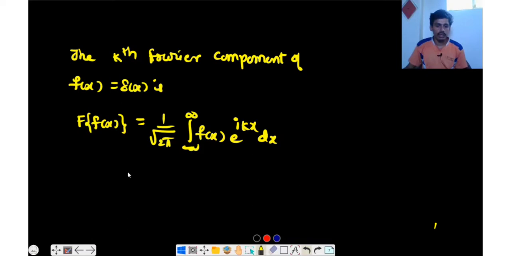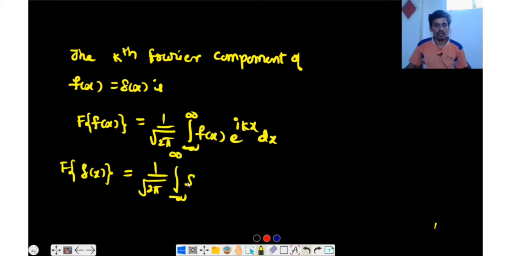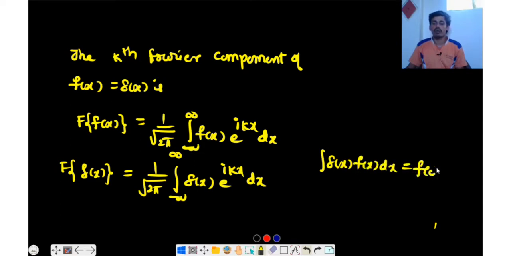Using this formula, now the Fourier transformation of del of x is equal to 1 by root 2 pi, integral from minus infinity to plus infinity of del of x into e to the power ikx into dx. But already you know the integral of del of x into f of x into dx is equal to f of 0.